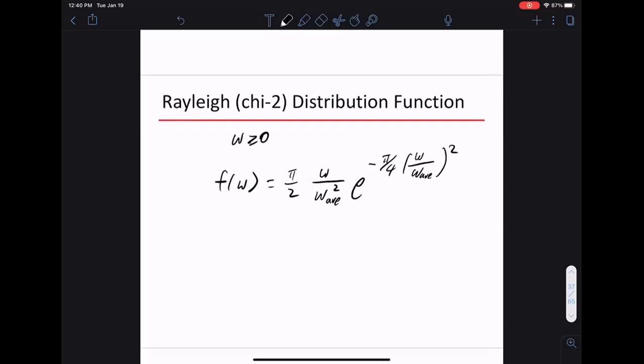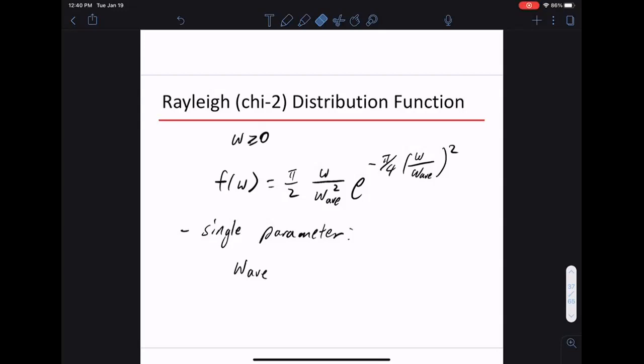Okay. So this is a single parameter. This is just one parameter. This is the average value of W, of this random variable. So instead of having both mean and variance, this thing only has a mean.